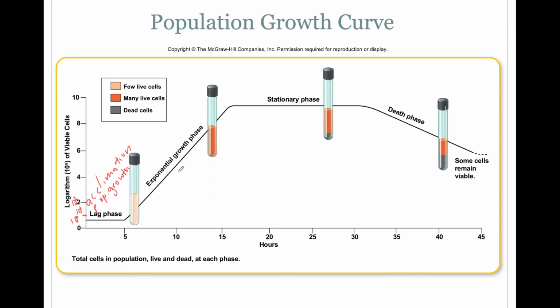Now during this exponential growth phase, the population is growing optimally. So this is the optimal growth rate. It's optimally metabolizing, and has the highest rate of gene expression.